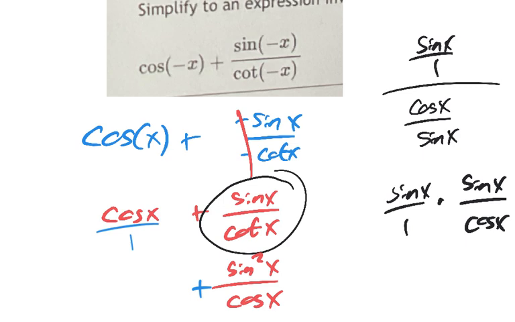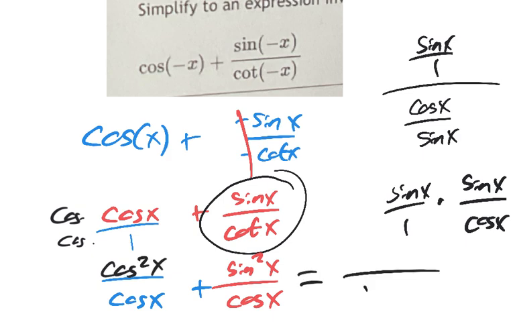To get a common denominator, I need it to be over cosine. I can't just flip, I need to get a common denominator. It's 1, I want it to be cosine. So how can I go from 1 to cosine? Multiply numerator and denominator by cosine. Cosine times cosine is cosine squared.